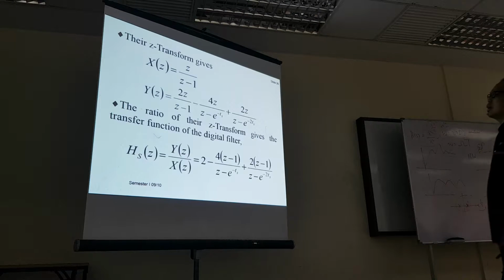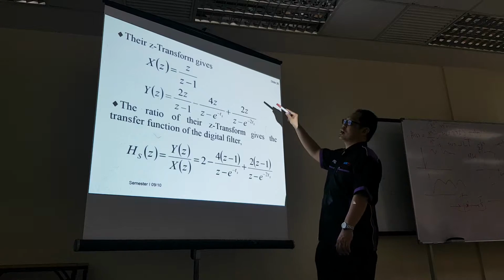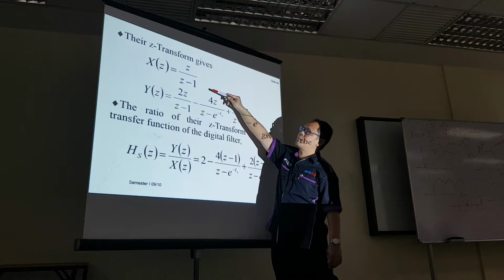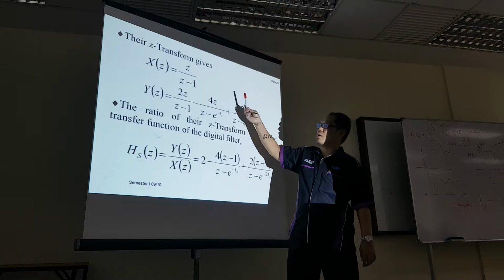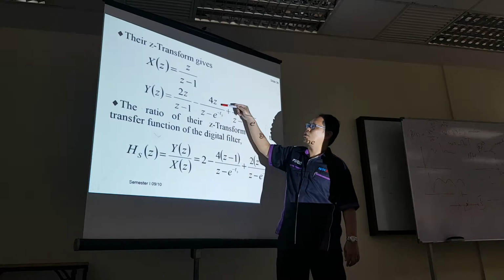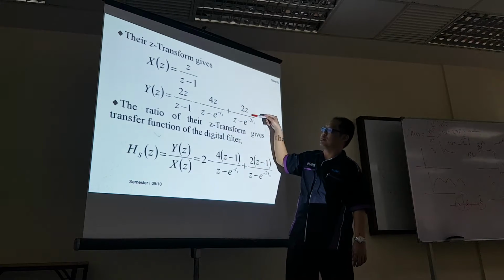And then from there you convert to z transform. X(z) equals z over z minus 1. And then Y(z) you get 2z divided by z minus 1, minus 4z divided by z minus e^(-2Ts).